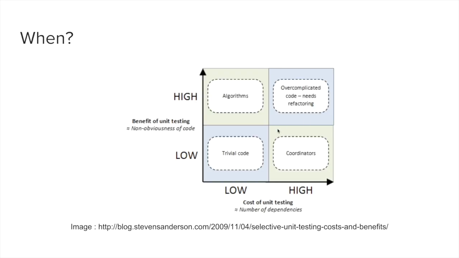And for this one, like the coordinators, the benefit is really low, but the cost of unit testing is really high, so I don't recommend doing this. And for this one, the overcomplicated code and native factoring, consider this one. You will see that the benefit is really high, but the cost of unit testing is also high. And I think you should consider carefully when you want to do a unit test for this one.